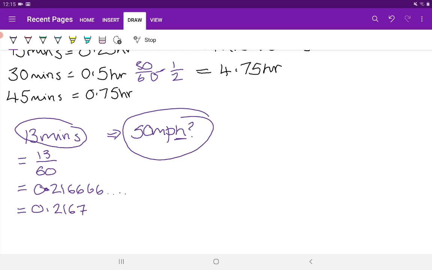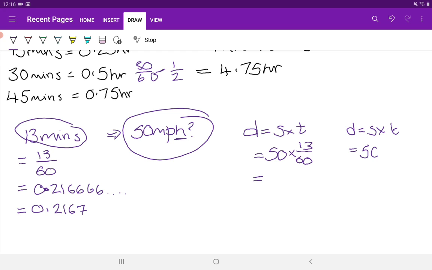Now, we've got a time, 13 minutes. We've got a speed, 50 miles per hour. So we're going to use that to work out a distance. So distance is speed times time. The speed is 50. The time, I'm going to do it with the fraction first, so I'm going to use the fraction button on my calculator, or type in 50 times 13 divided by 60. But I'm also going to do it with the decimal, just so you can see the slight difference we might get in the answer.